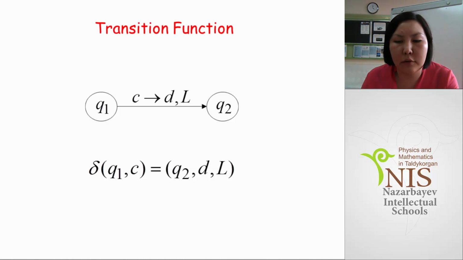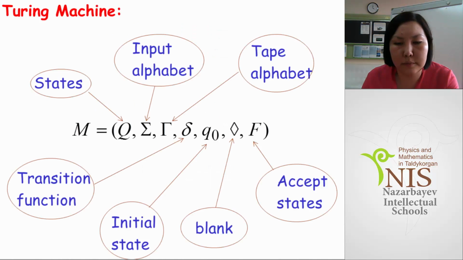After the equal sign, there is q2, d, and L, which means that the state will change to q2, the symbol changes to d, and it goes to the left.